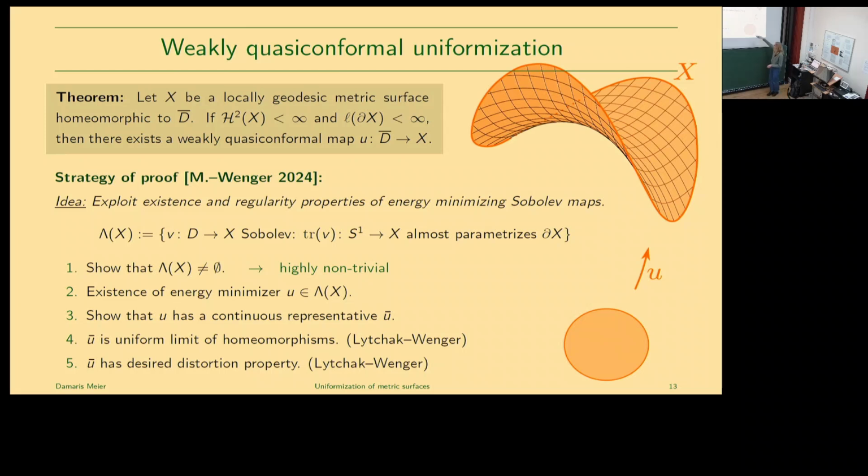So you look at curves going out from a small ball in the middle to the outside, these are almost everywhere absolutely continuous, and then you can take the limit going to 1 in some sense, and this gives you a notion of trace that is defined almost everywhere. And you want that this map, in some sense, has a representative that is a uniform limit of homeomorphisms. Yes. Other questions?